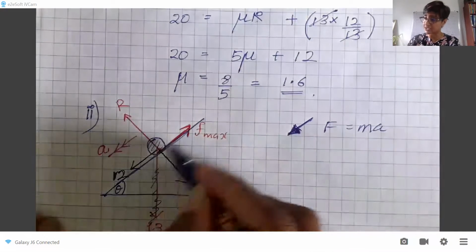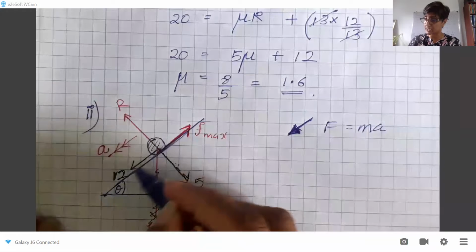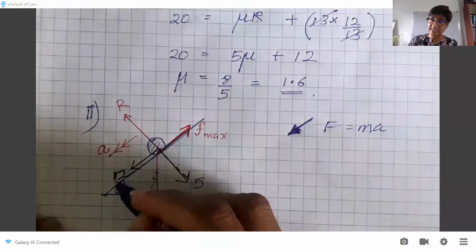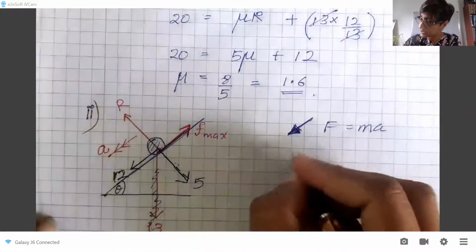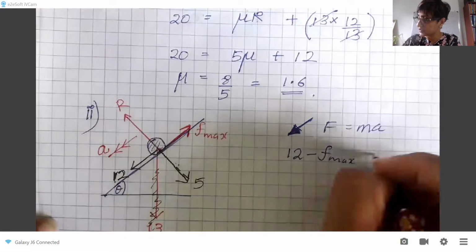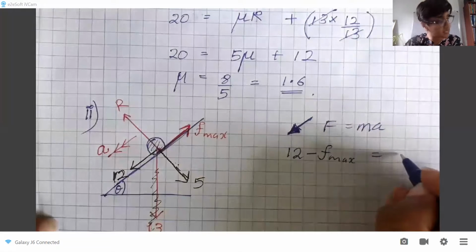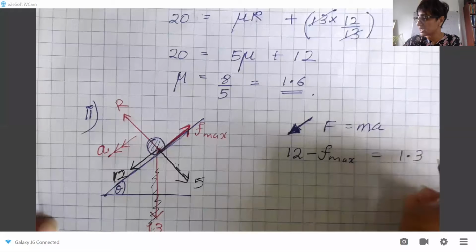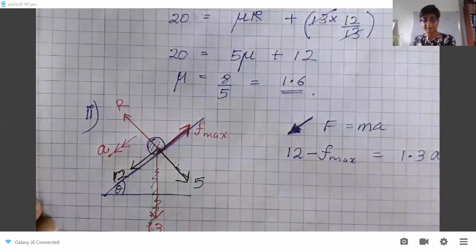So in this direction, the resultant force is 12 minus F max, equals mass 1.3 times a.